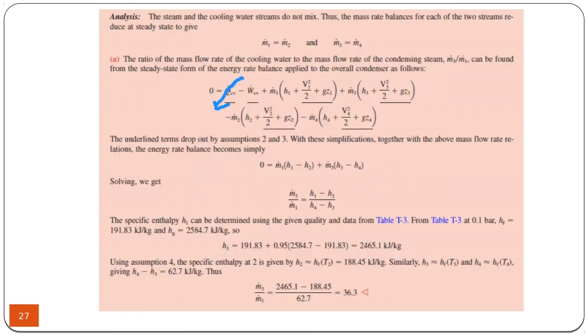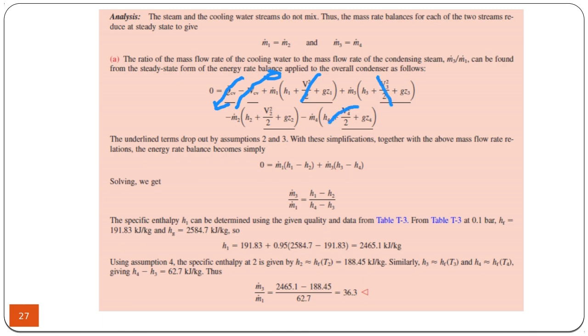Similarly, we have no work interaction, meaning that Q also, W is also 0. We can assume that velocities do not change, so V1 cancels this one, V3 cancels that one.